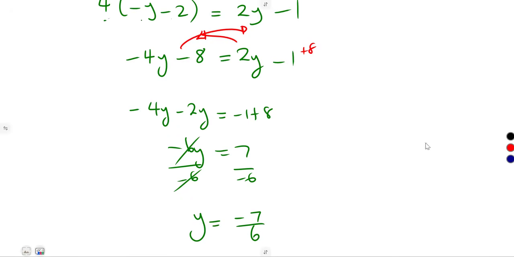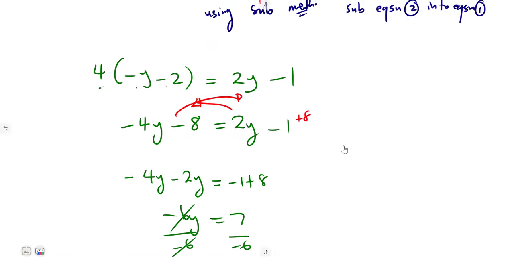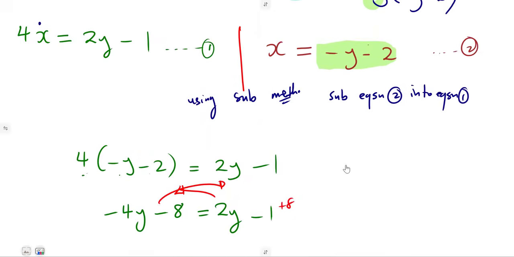Negative 7 over 6. With this y value, guys, I can simply substitute back. Remember, we are using the substitution method. So we can just substitute back into equation 2 because there x is already the subject of the formula. So thus we can determine the value of x from equation 2.